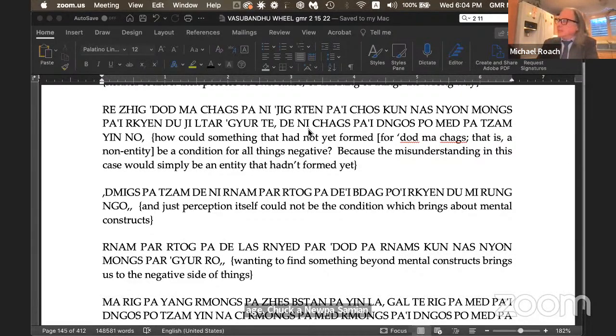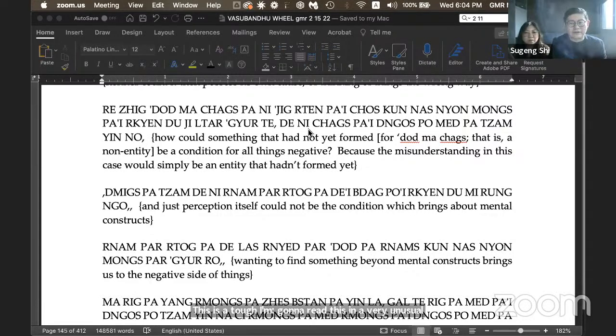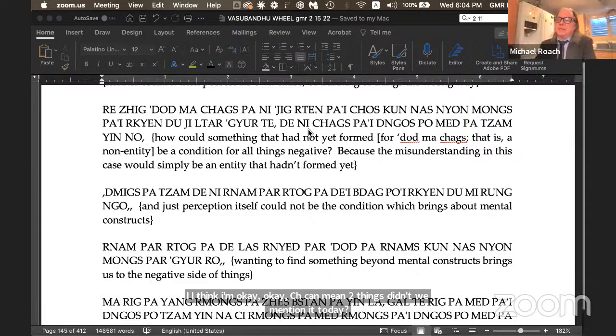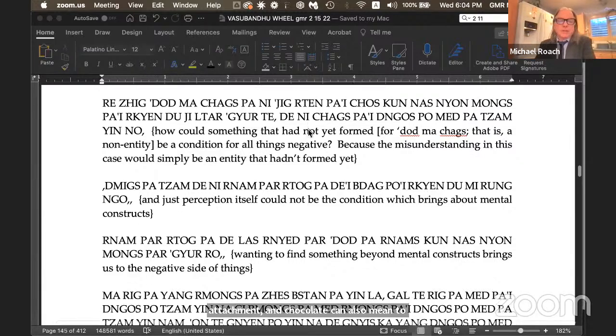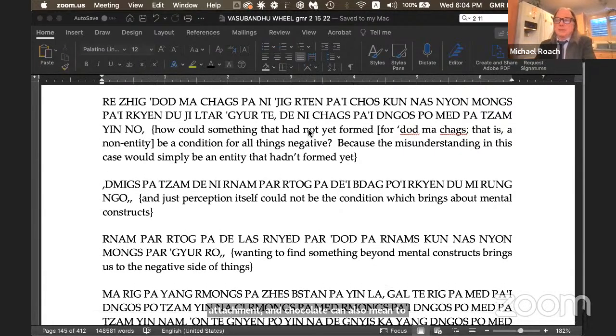Chakpa can mean attachment, and chakpa can also mean to form or to start. Sokchak means developed life. So I would read it here as something which hasn't formed yet.